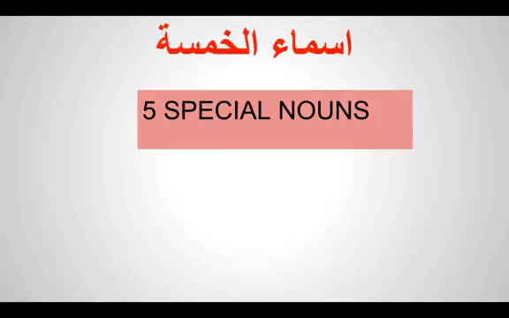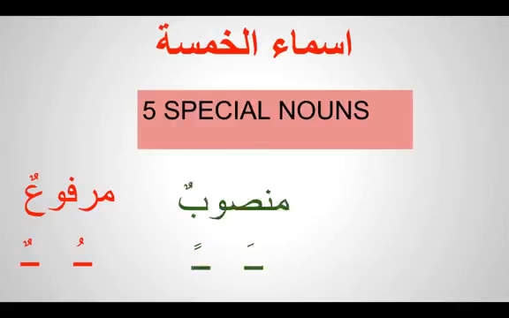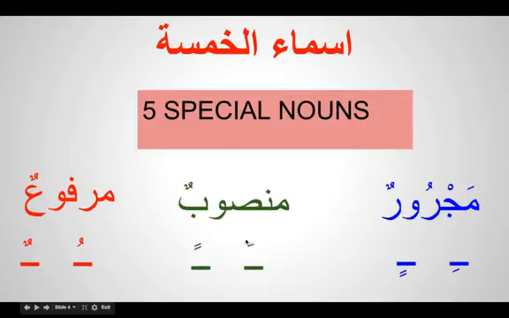And even when they enter into a relationship like a mudaf ilayhi, these nouns change from double dhamma to single dhamma. So that will be a sign of marfu. Mansub will change from double fatha to single fatha, and the noun remains the same. And majroor becomes double kasra to single kasra.